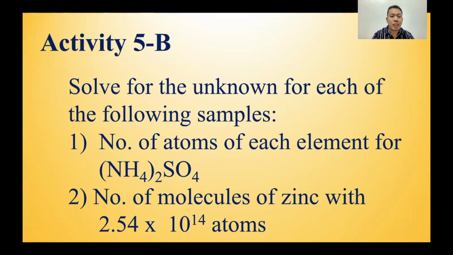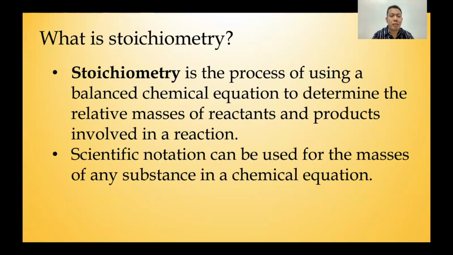For your next activity, I want you to solve for the unknown for each of the following samples: number of atoms of each element for ammonium sulfate, and number of molecules of zinc with 2.54 times 10 to the 14th atoms. You can go back to this slide if you would like to answer this activity. So let us now proceed to stoichiometry.